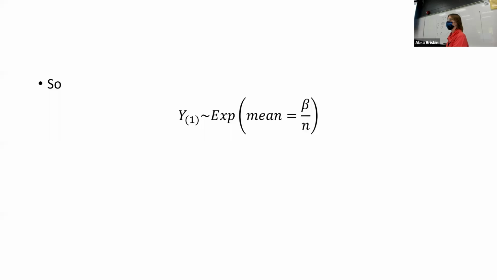All right, so now we're trying to prove that n times the minimum is an unbiased estimator for beta. So we want to find its expected value. So that's going to be n times the expected value of the minimum.